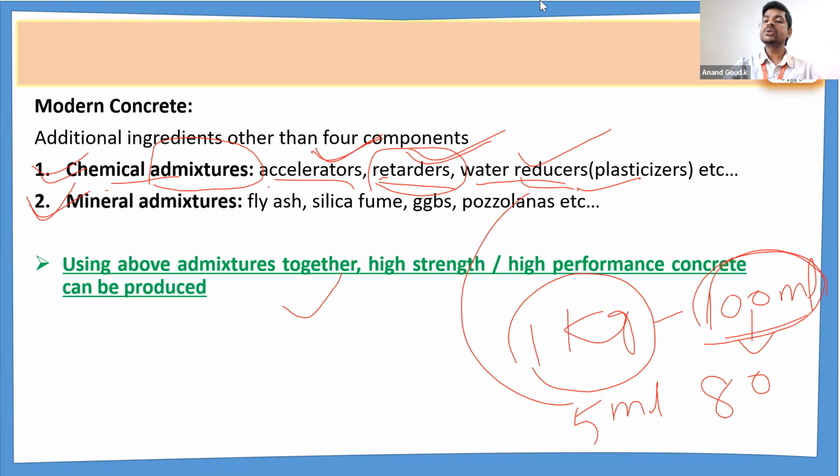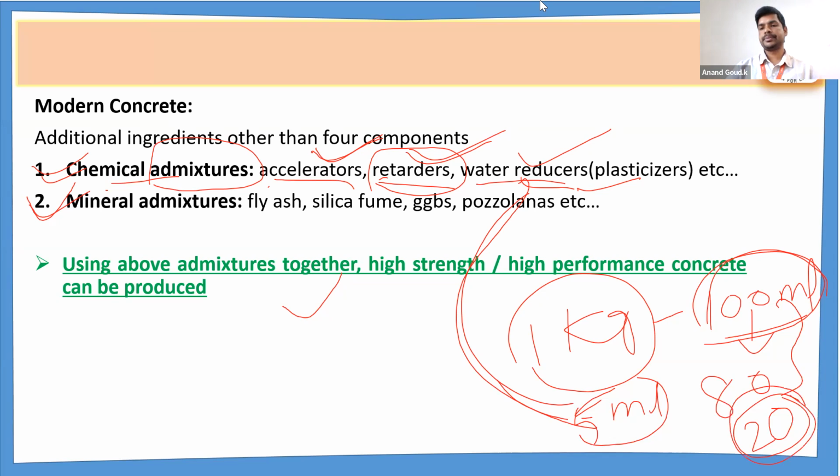Now I am reducing it to 80 ml. The left out water quantity is 20 ml, right? So instead of 20 ml of water, I am using only 5 ml of water reducer. This is what happens if you use water reducers. Ultimately I am reducing the water content, so that is why it is called a water reducer. This comes under chemical admixture.